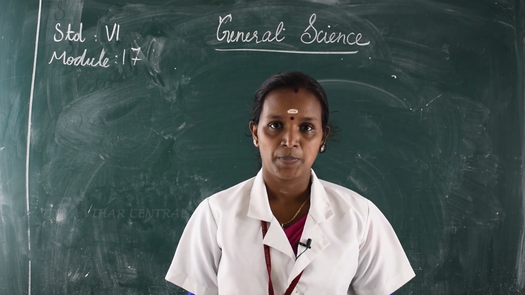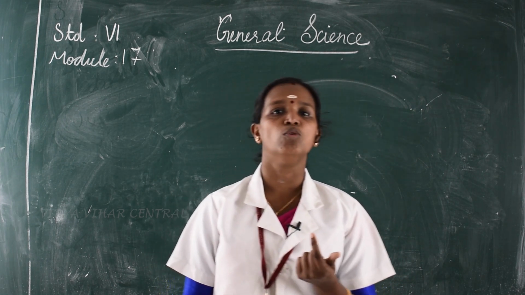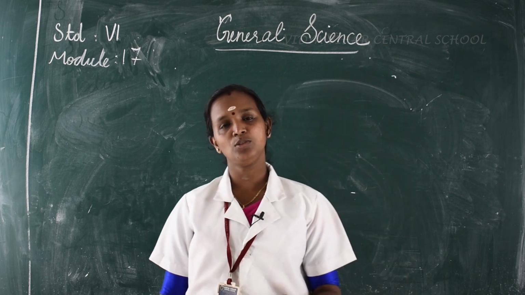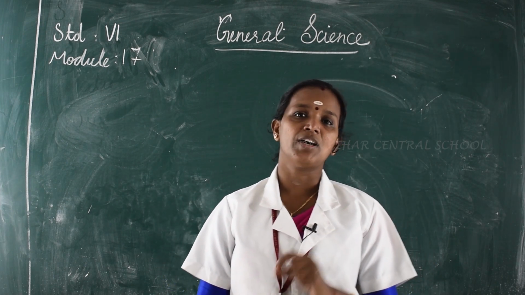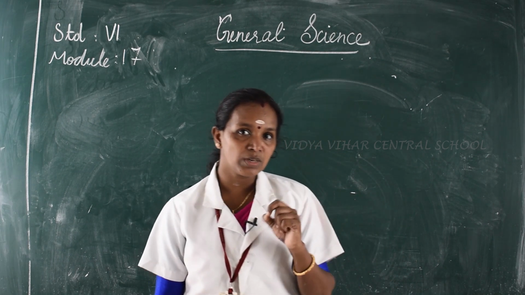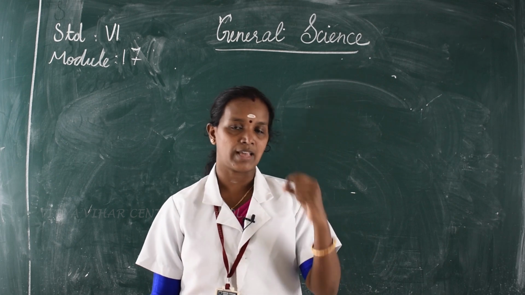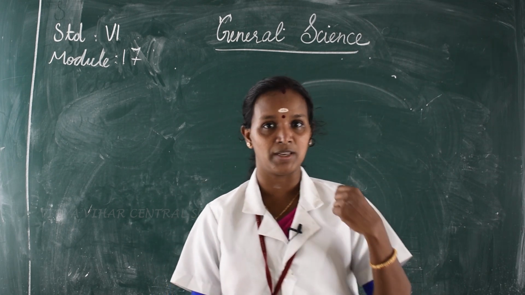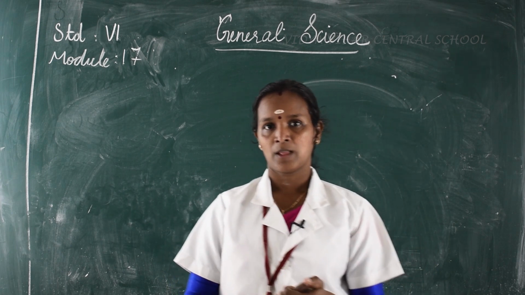That means bones, cartilage and muscles help us to move from one place to another and to move our body parts. Today we are going to learn how a muscle helps a bone to move from one place to another and also at its joints.